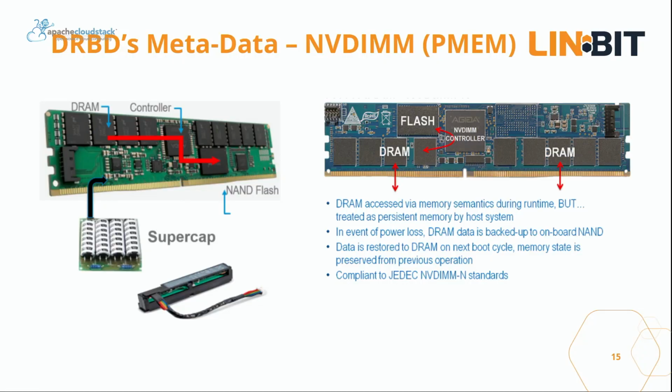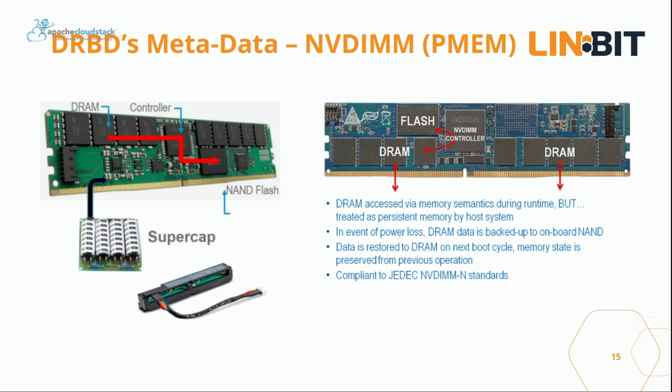Now, I think 2 slides ago I mentioned PMEM. One option to put DRBD metadata is NVDIMMs, persistent memory. So just in case you're aware of that, as a memory DIMM, right, you put that into a DIMM slot.